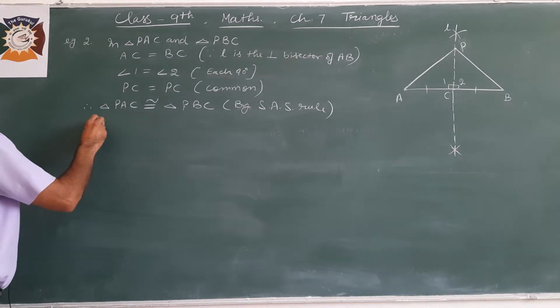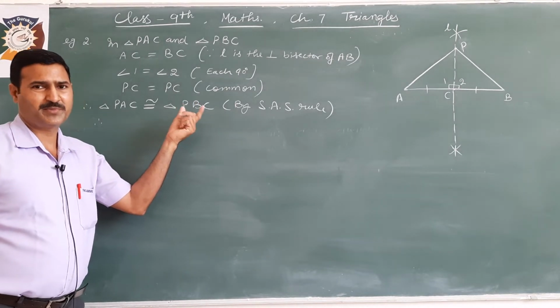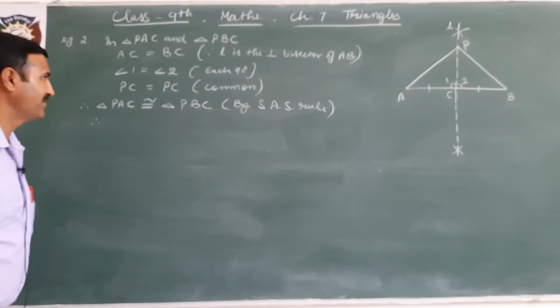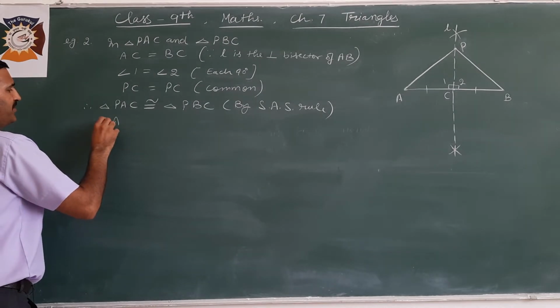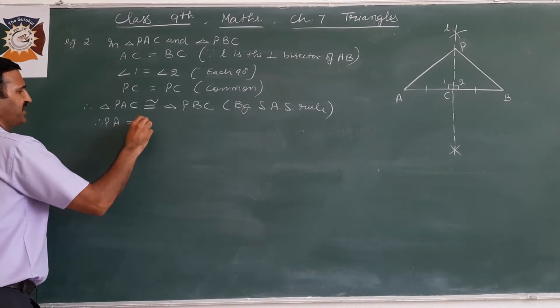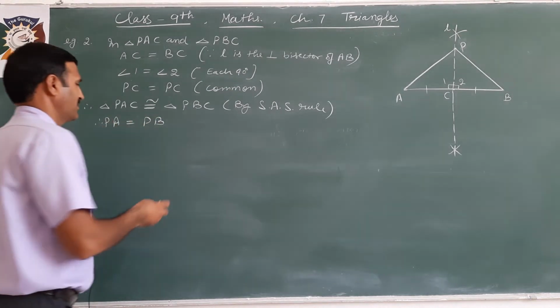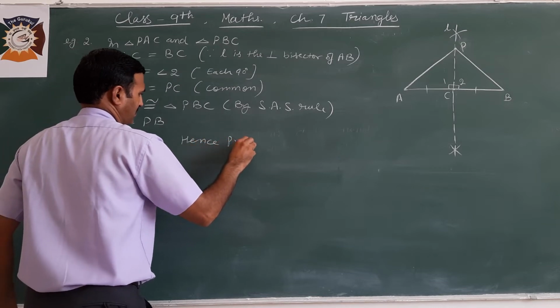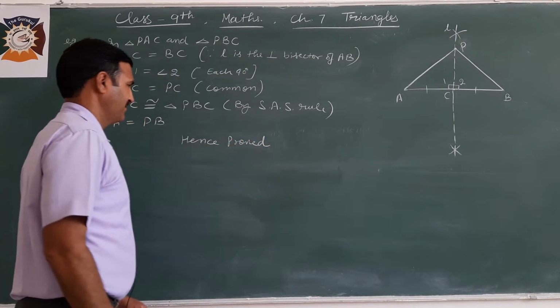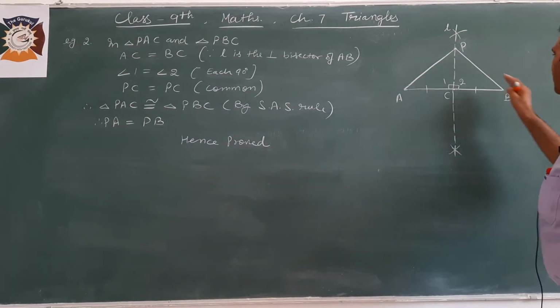Therefore if two triangles are congruent, then their corresponding parts are equal. Therefore we can say PA is equal to PB, and this was the question, hence proved. With this we can say P is equidistant from A and B.